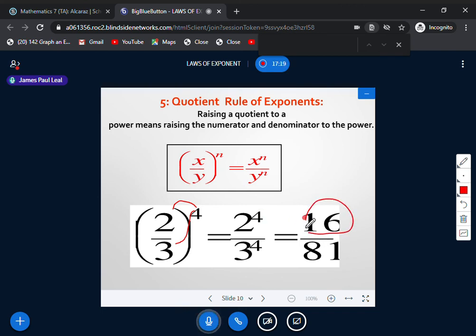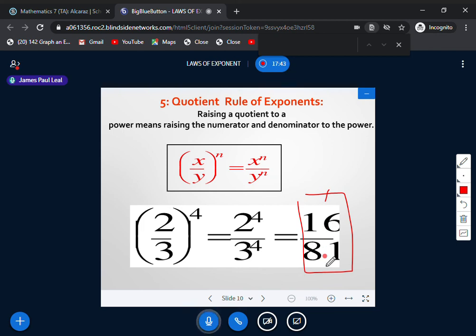Okay, and we have here also the 3, so you have to multiply 4 also. So 3 raised to 4, you will be having 81. So if it can still be simplified, you can simplify that one into simplest form. So the answer will be 16 over 81 since it has no common divisor. Okay? So the answer will be 16 over 81.